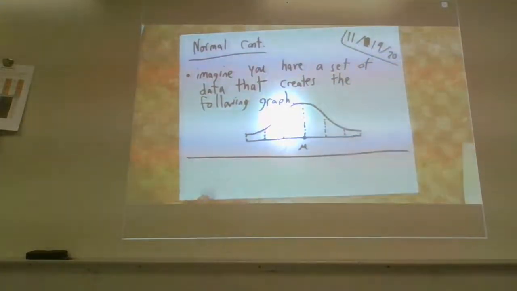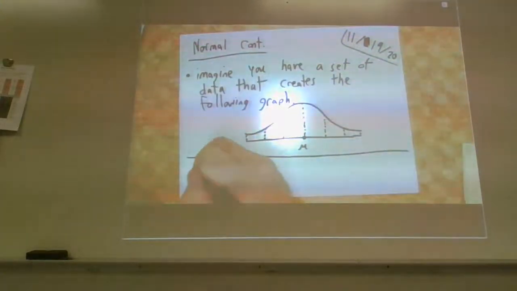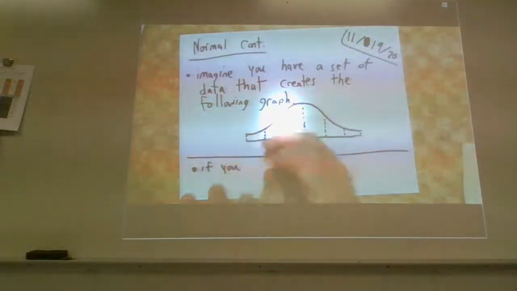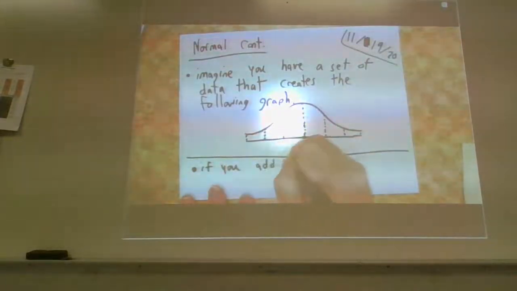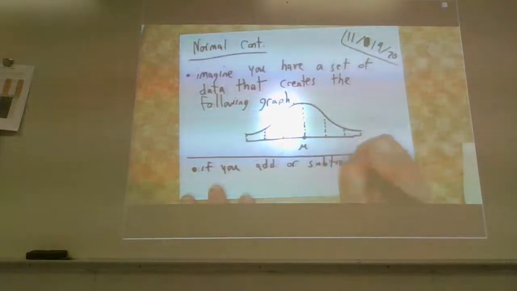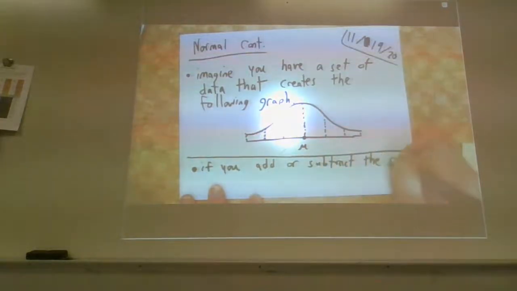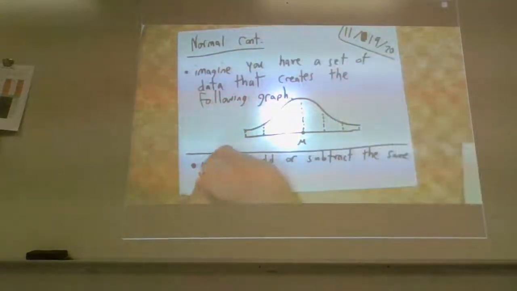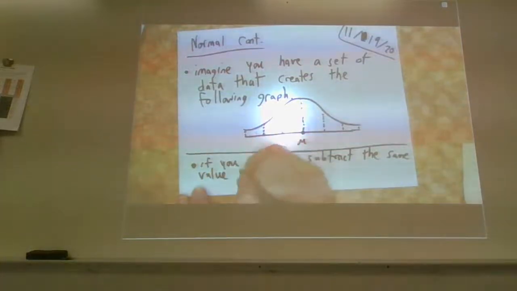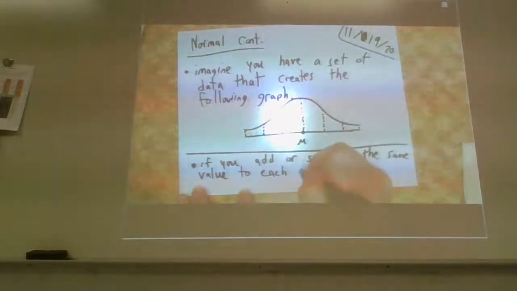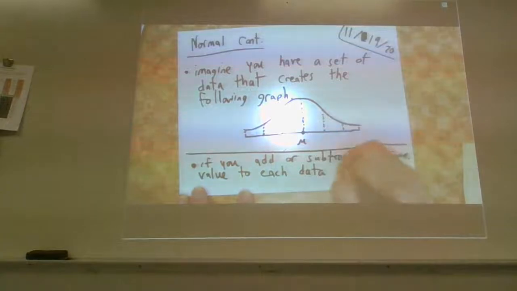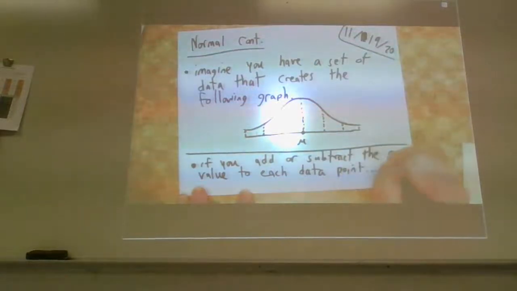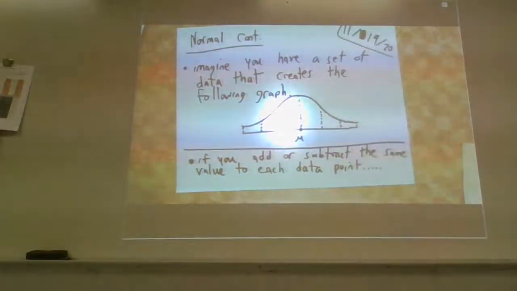Now, next, if you add or subtract the same value to each data point, I have more stuff to go after this, but I want you to visualize what's happening here.